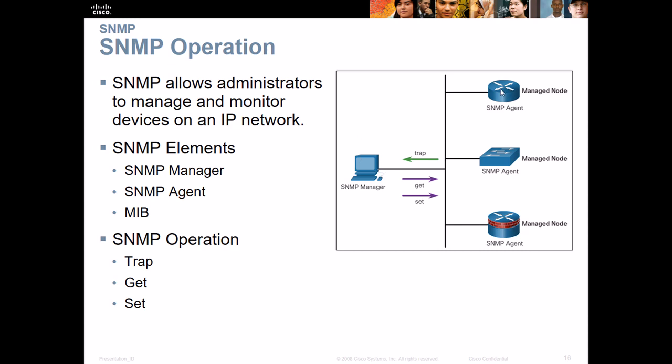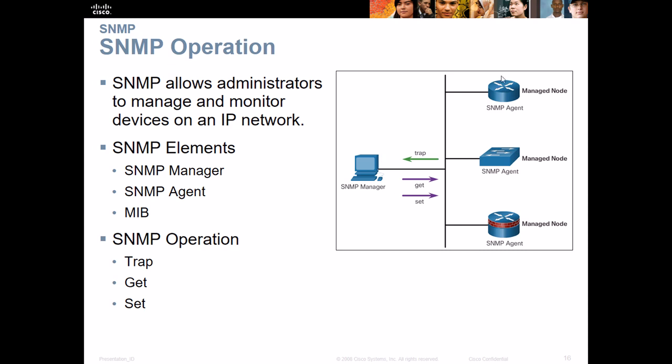The agents will have software and a database, the message information base, that they keep track of. So I can get information from the agent. They send a trap to me, and I get all the information that I want, maybe about the interface on the router to see if it's up or down, how many packets are going through it, and any other information.